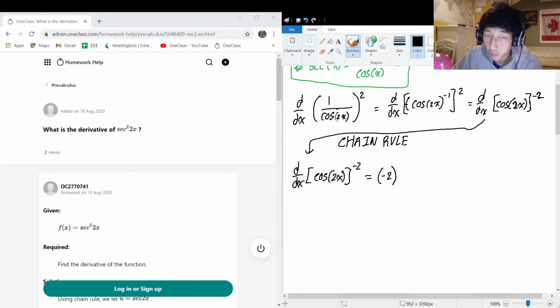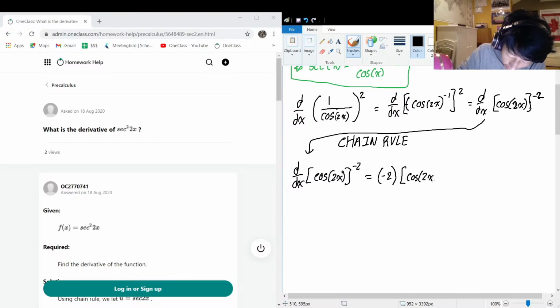And then we're going to subtract 1 from the power here and keep the insides the same. So I'll put it in square brackets, cos 2x to the power of negative 3 now, because we subtracted 1 from it. And now we have to multiply this by the derivative of the internal here, so the derivative of cos 2x.